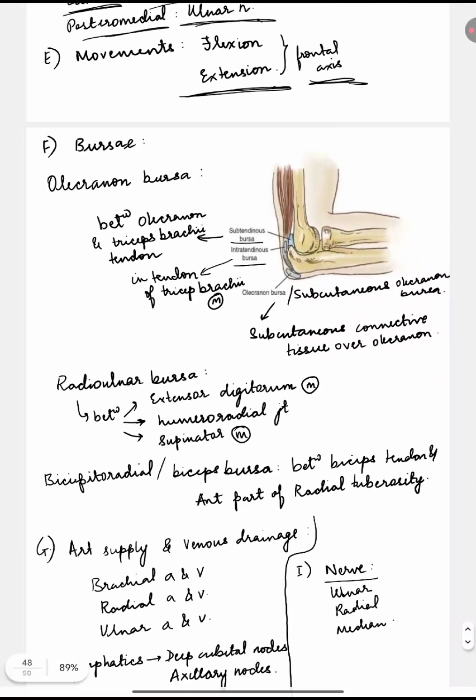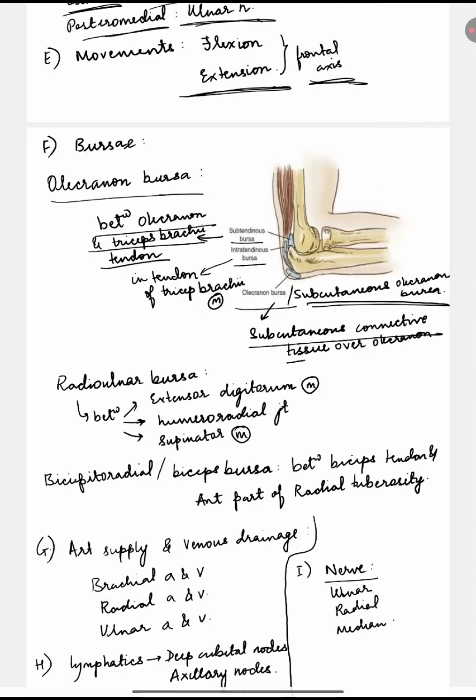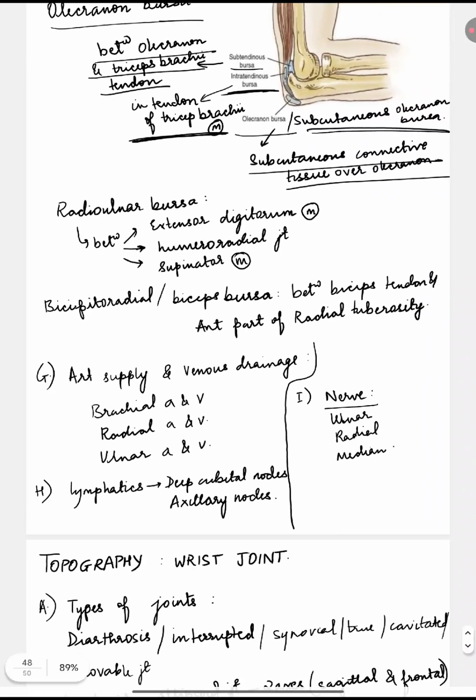Now bursa: olecranon bursa between the olecranon and triceps brachii tendon. Subtendinous olecranon bursa, subcutaneous olecranon bursa in the connective tissue over the olecranon, and intertendinous bursa in the tendon of the triceps brachii muscle. Radio-ulnar bursa between extensor digitorum muscle, humero-radial joint, and supinator muscle.